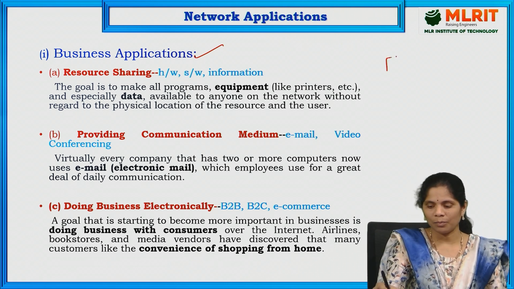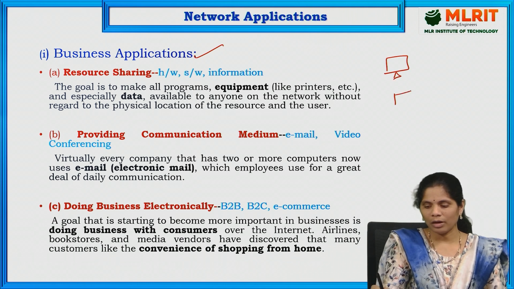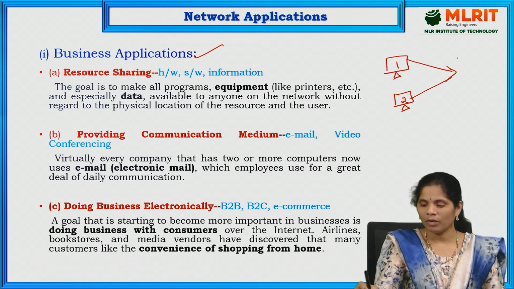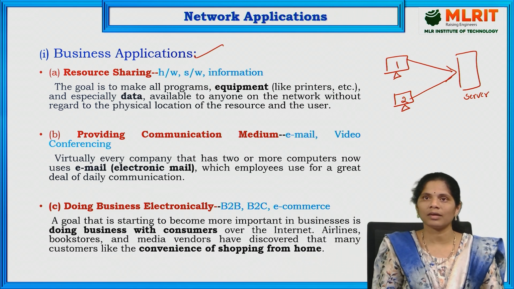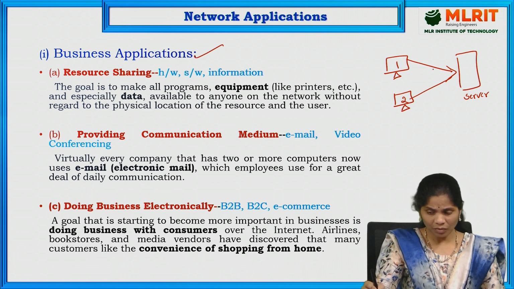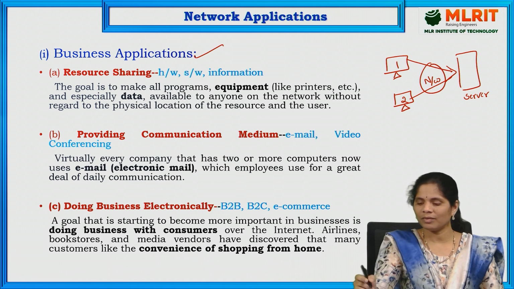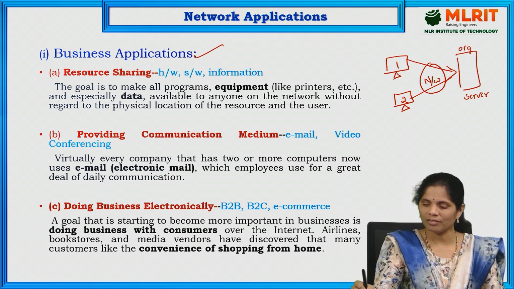Consider this example. Suppose 2 clients are there, client 1 and client 2. These 2 clients are connected to one particular business organization server using a particular network. This is the business organization server.